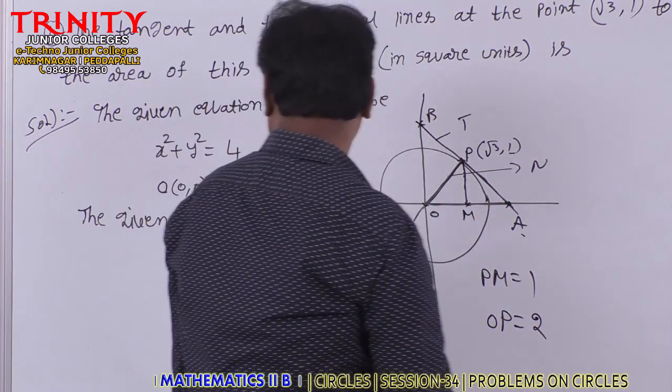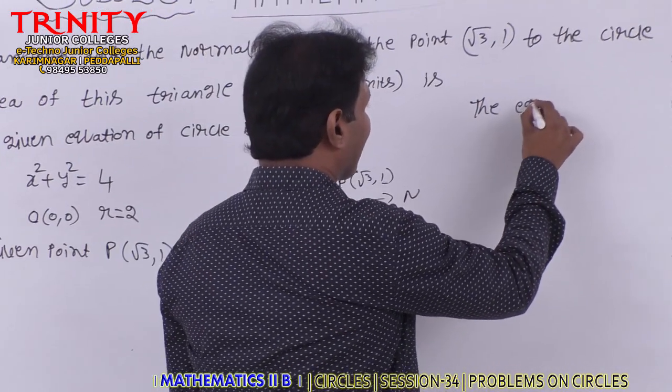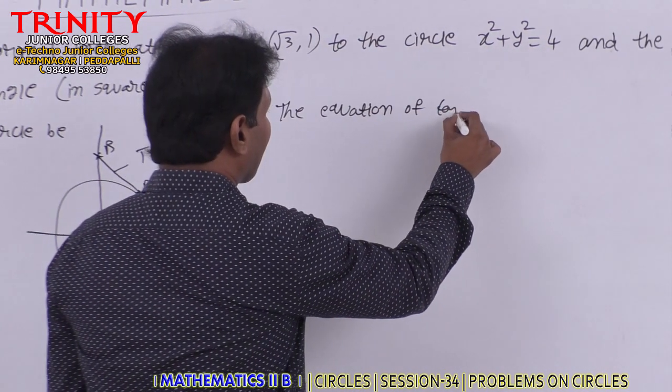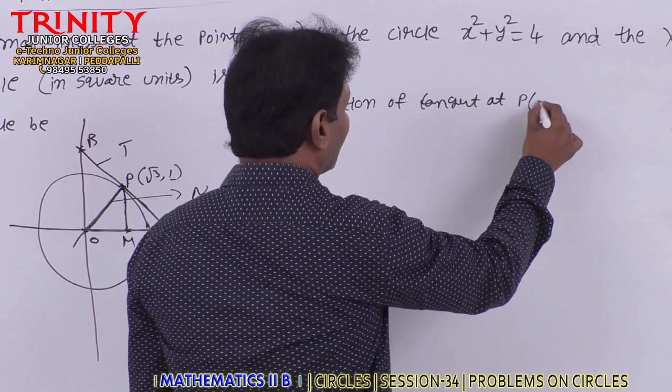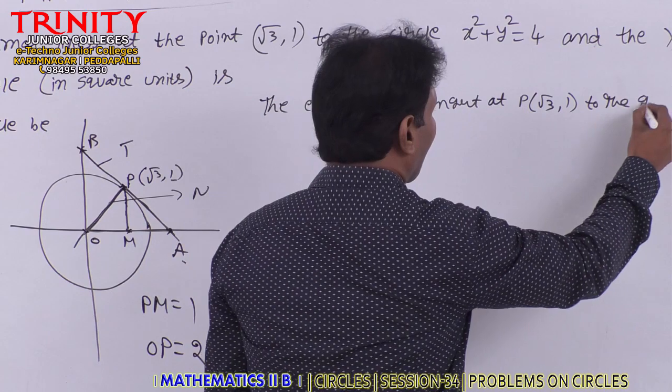First, the equation of the tangent at P (root 3, 1) to the given circle.